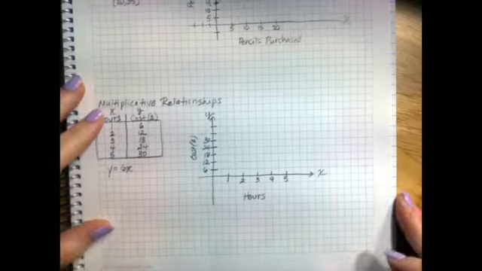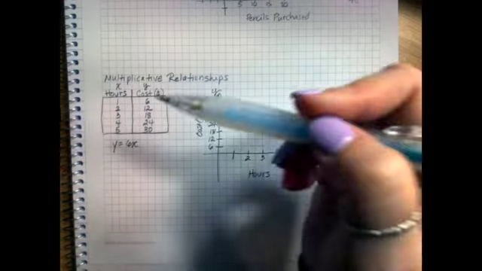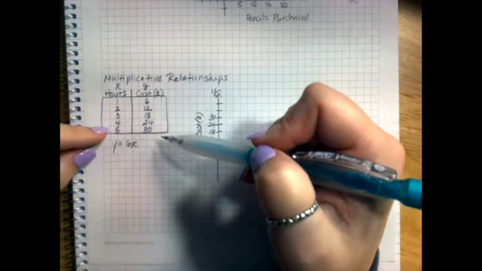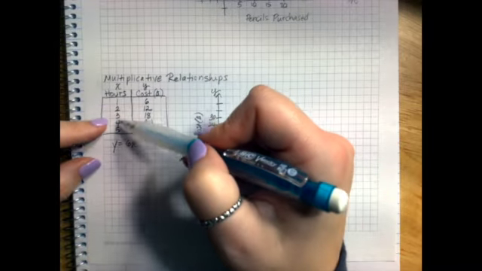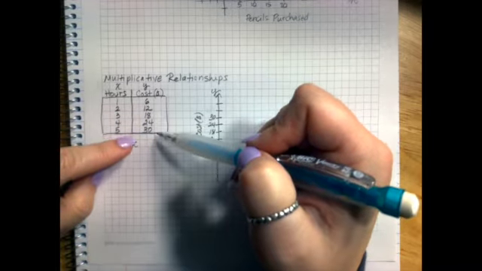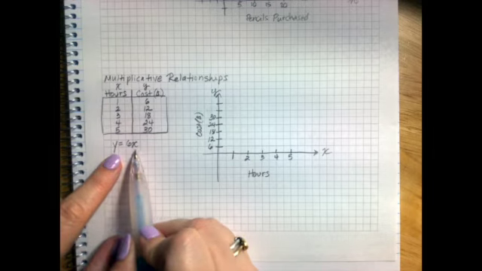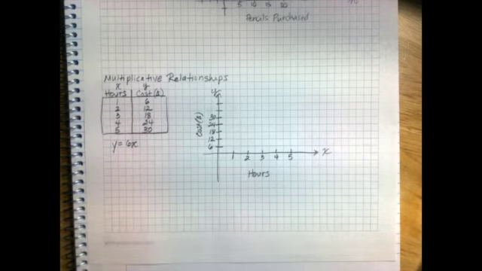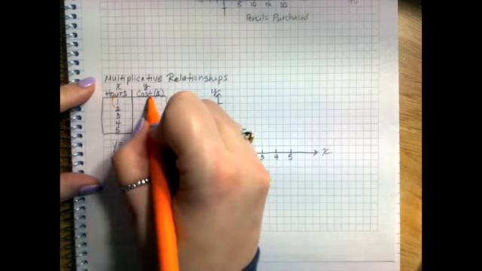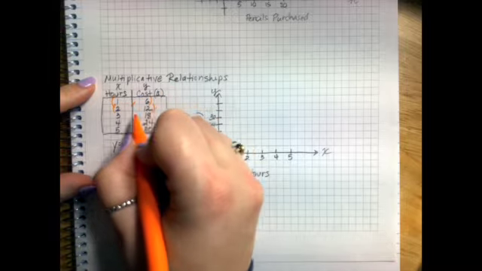What does that look like when you graph? Well, I took the table and I went up and down like I said I was going to. x is always on your left, y is on the right. Okay, in order to get this, it's y is equal to 6x. Your ordered pairs then are right here.